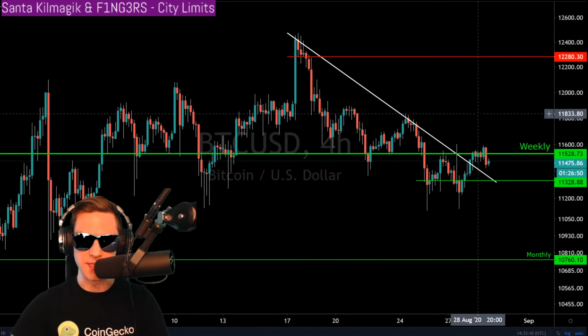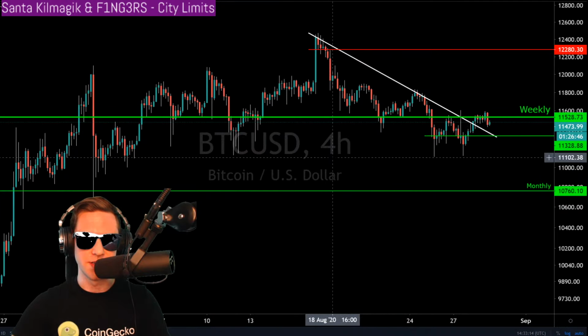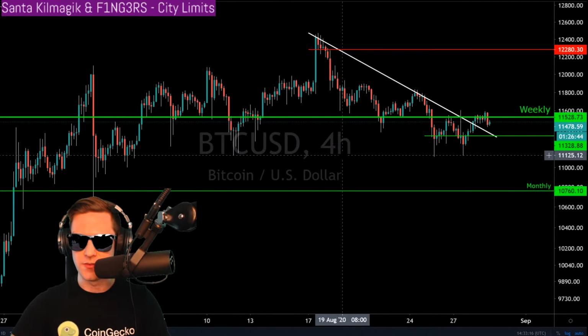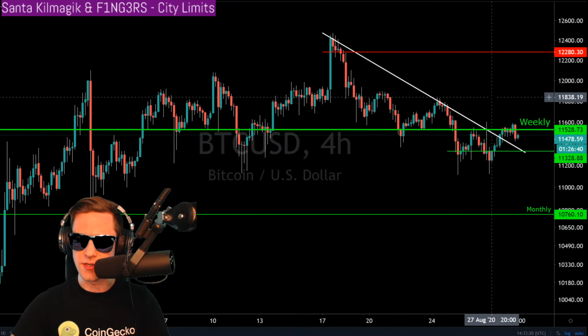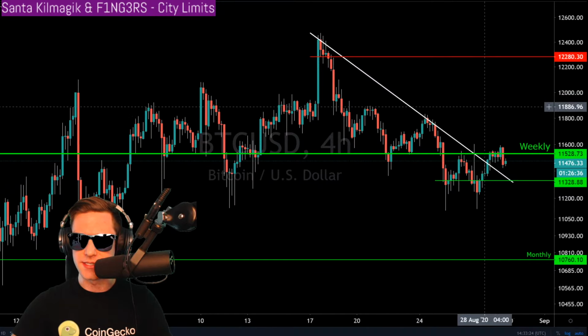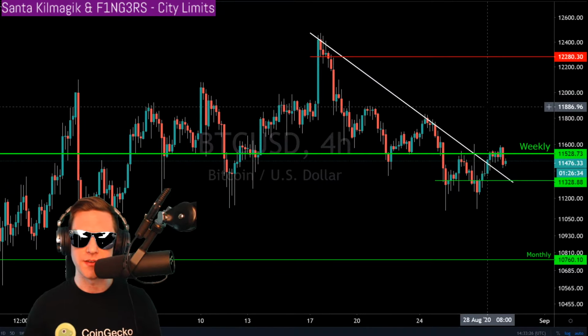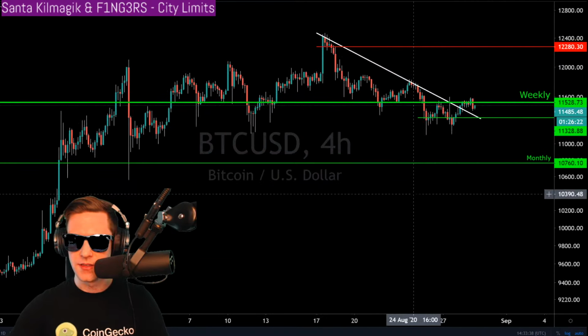If you're on the 15-minute and you find a support, that's likely not going to be a huge factor in a swing trade or a long-term trade. So that's why we started with the monthly or the yearly and zoomed in, because now we have somewhat of a map here. We see the very important price levels for mid to long-term outlook on where BTC is going.